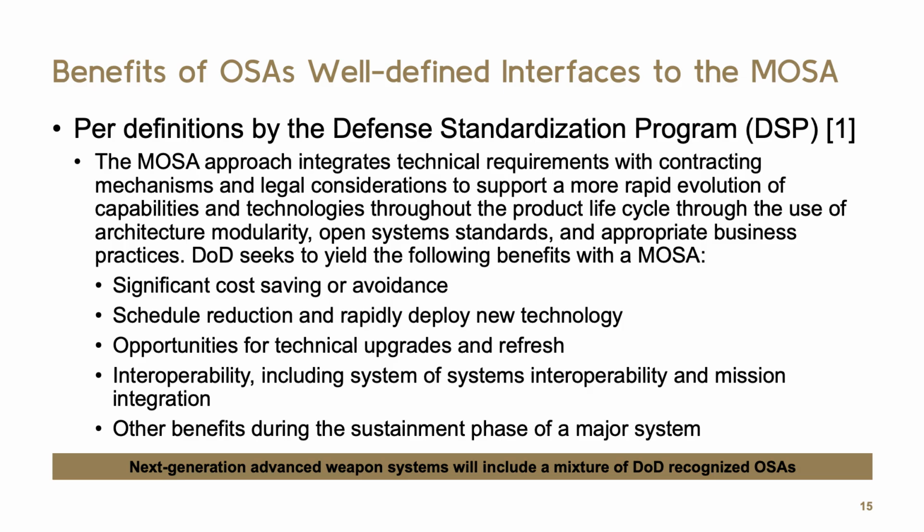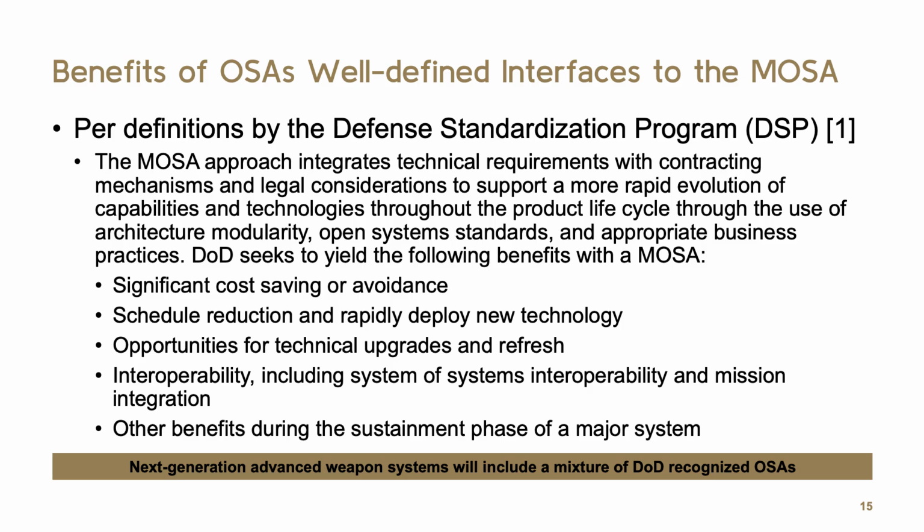The benefits include the list here: significant cost savings, schedule reduction, rapidly deploying new technologies, and opportunities for technical upgrades and refresh. And I agree with those top three. Once you've developed an OSA product line, you can actually achieve the benefits of these.